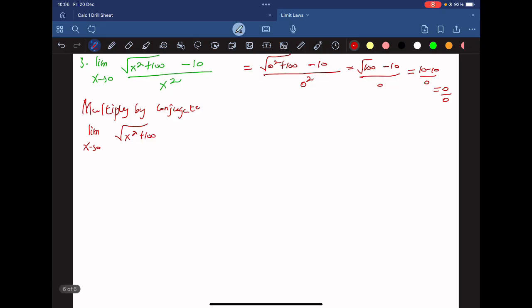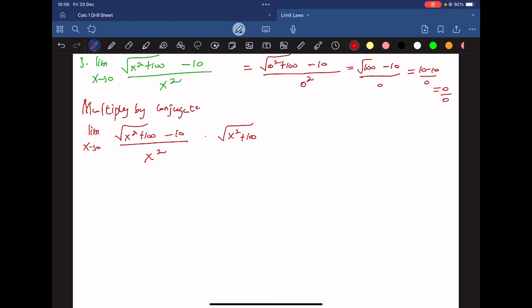Remember, the conjugate that I am talking about is just changing this negative to positive, right? And if it is positive, we just change it to negative. Note that you don't have to change the sign inside the square root. That's one mistake that most students make. You just have to maintain this.